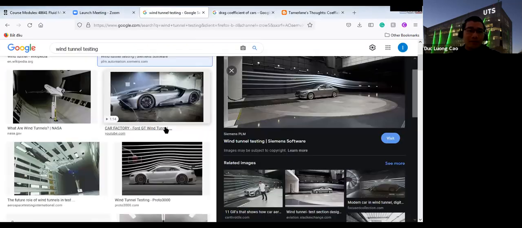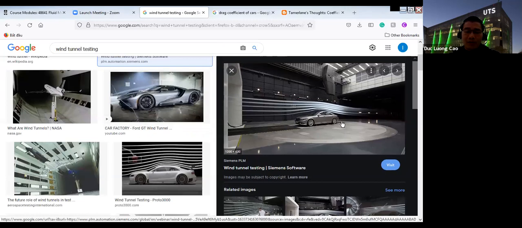For example, we use it to test the airflow over a new car or an airplane. This is a very big wind tunnel, an actual wind tunnel. We use it because, as you know, when a car is moving we have airflow over the car, and that airflow applies a force to the car, which we call the drag force.